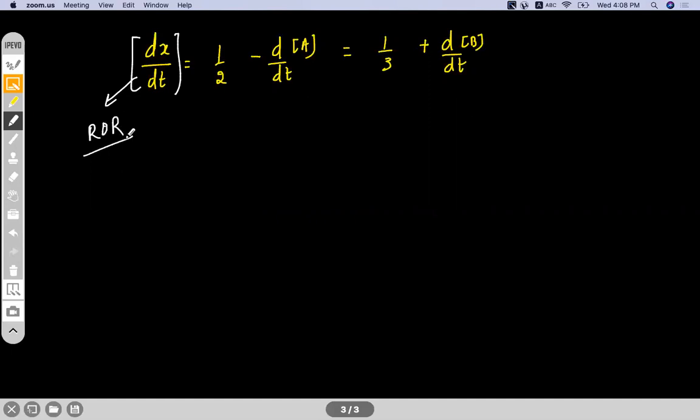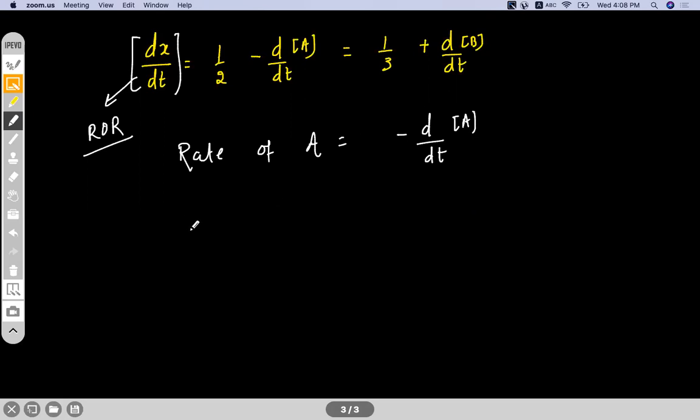We discussed this last class, right? And dA by dt is this. The rate of disappearance is always the rate of A, and the expression, I am writing it down, is minus dA by dt.